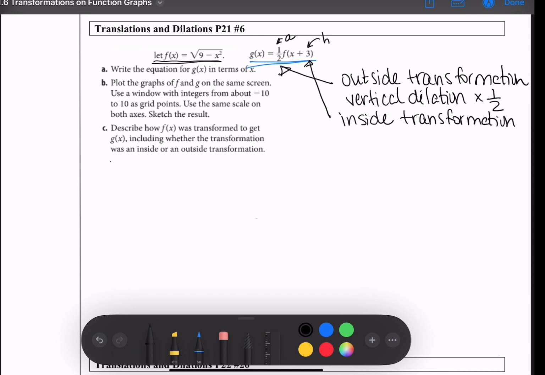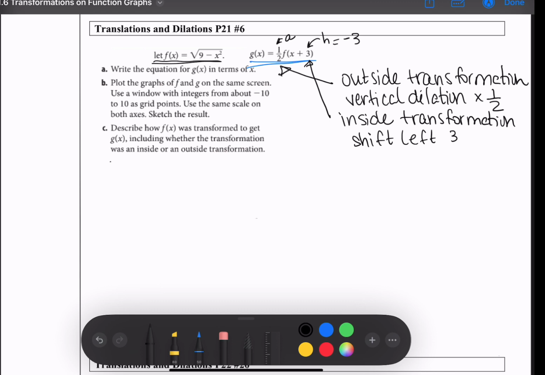We are going to shift this thing horizontally. Which way? Well, let's see. H here is -3, right? In order for this to be x plus 3, it's got to be a -3. So we're going to shift it left 3.